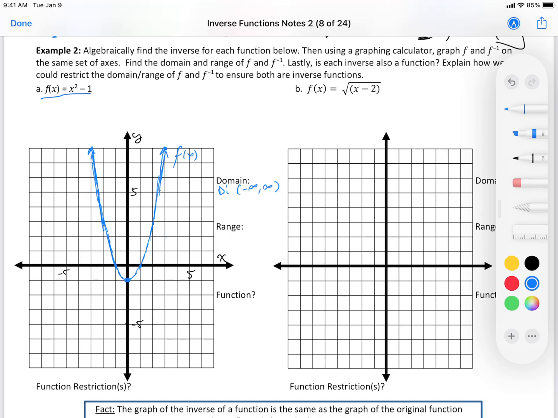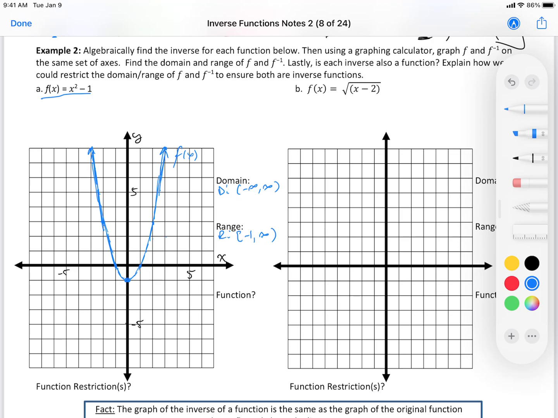What about the range for this function? To positive infinity, exactly right. And since it actually touches negative 1, it would be negative 1 to positive infinity.